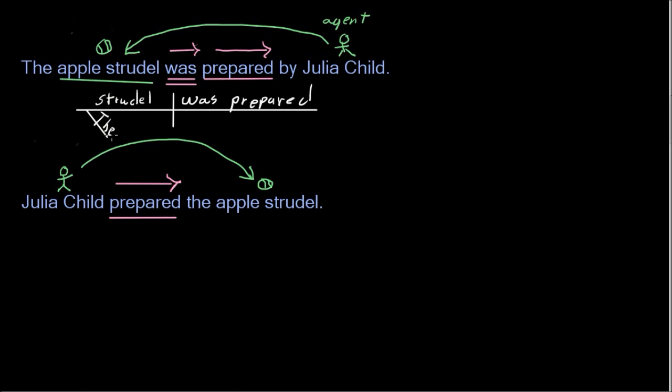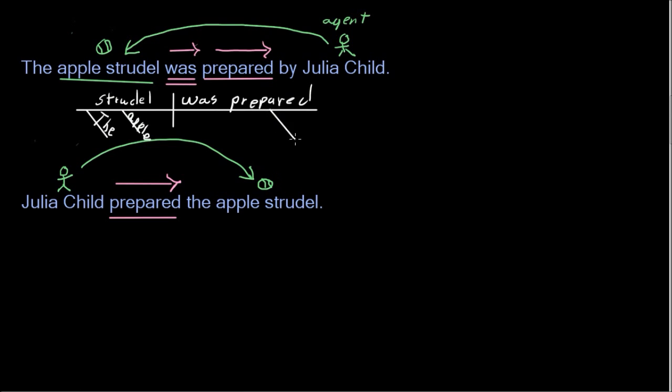And it was prepared by Julia Child, and by Julia Child is a prepositional phrase. The preposition is by, and Julia Child is the object of the preposition.